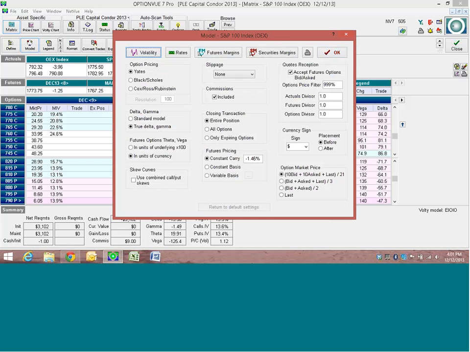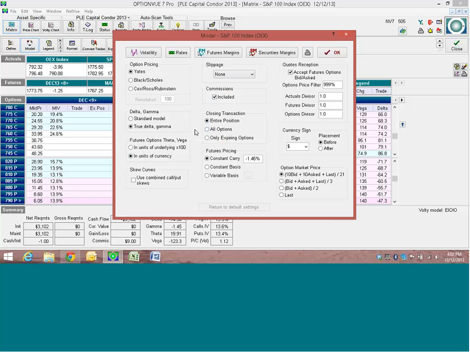So that's that. And then slippage, I always set for mine to none. That's just how I do it. I mean, the slippage is the slippage. Once I put the trade on in live trading, my slippage is going to be reflected in my gain and loss, so I don't worry about this. Commissions included. Closing transaction, I don't do this.